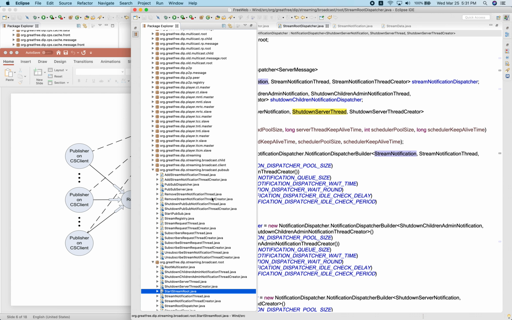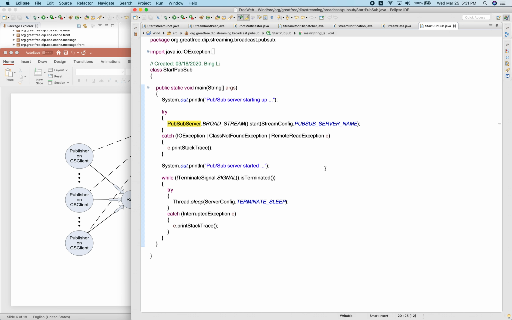Okay, this is server, pub sub server. Okay, this is actually a kind of registry server. Open it. Okay, easy. Different from this one, we have another registry server.